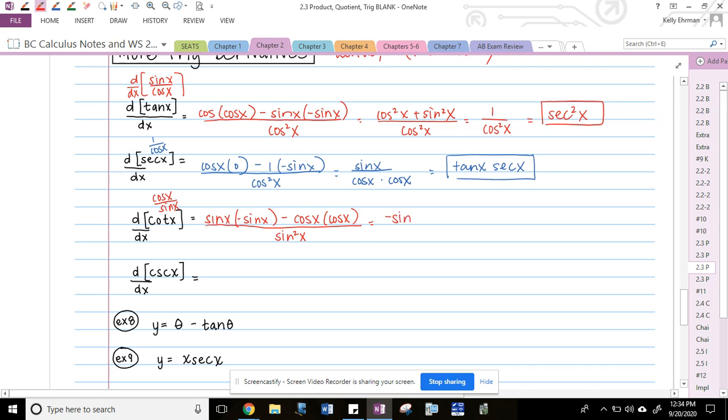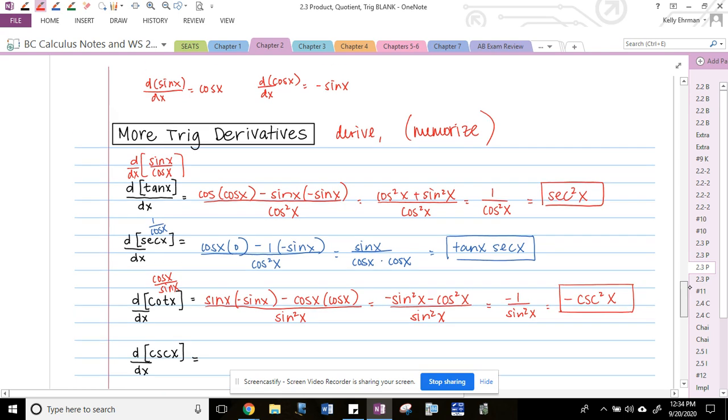Negative sine squared x minus cosine squared x all over sine squared x. That's just distributing a negative through the Pythagorean identity we know, cosine squared plus sine squared. So that is negative 1 over sine squared x. And so that's equal to negative cosecant squared x.